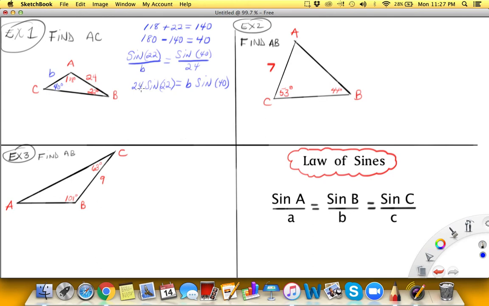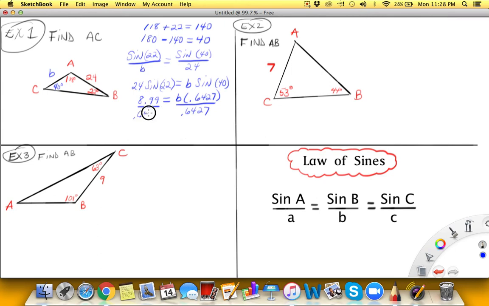And when I multiply 24 times the sine of 22, I'm actually going to get 8.99. And 8.99 is going to be equal to b times 0.6427. Now we know to get b by itself, we simply divide by 0.6427 on both sides.